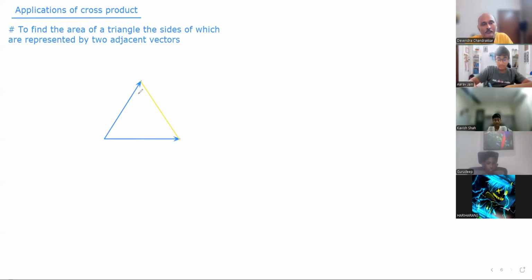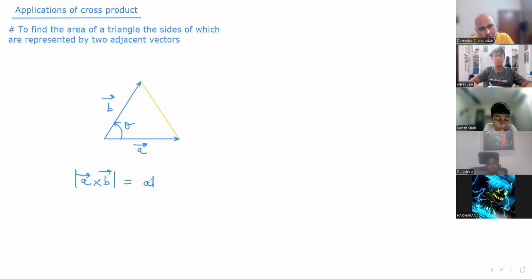So these three are making a triangle, right? Now this is vector A, this is vector B. The angle between them is theta. Now pay attention, all of you. Don't write it, just pay attention. If I write A cross B, the magnitude of A cross B is AB sine theta, right?